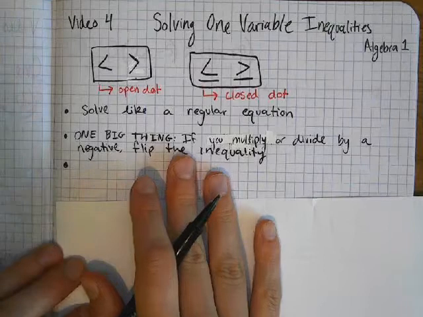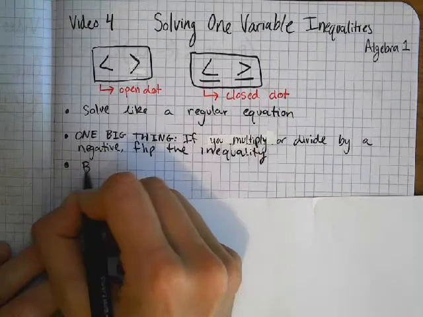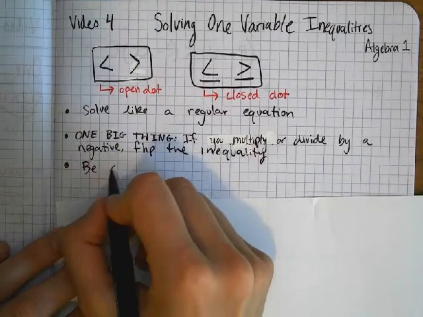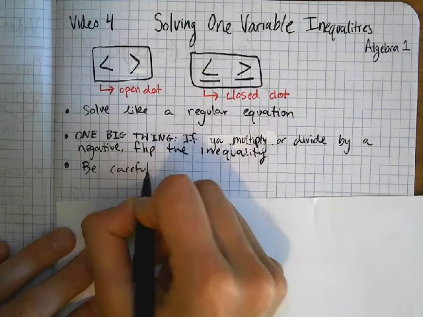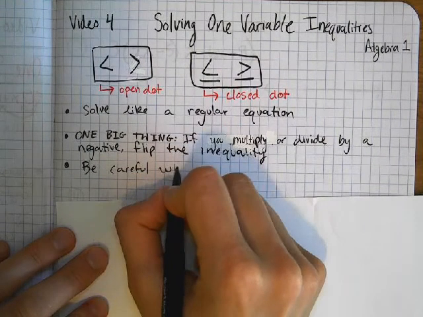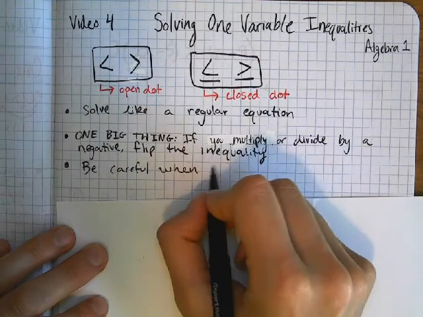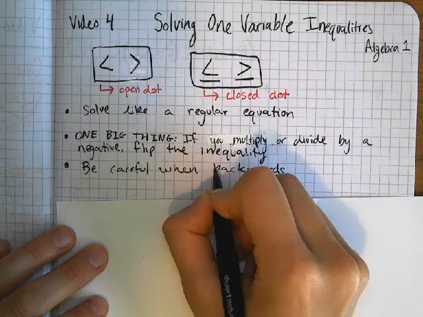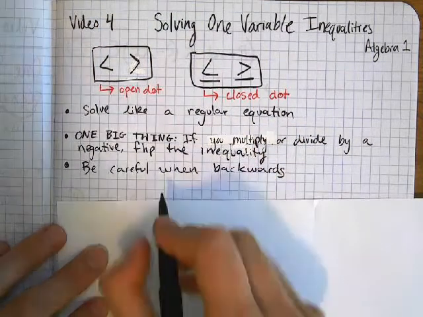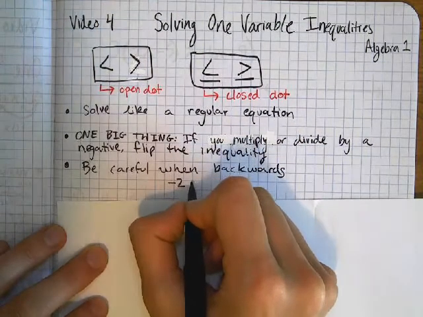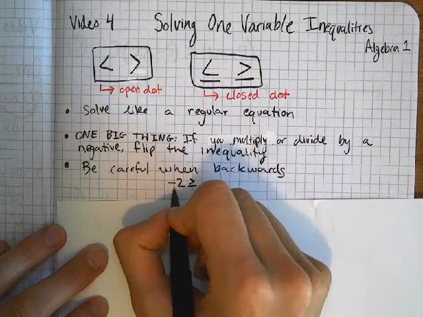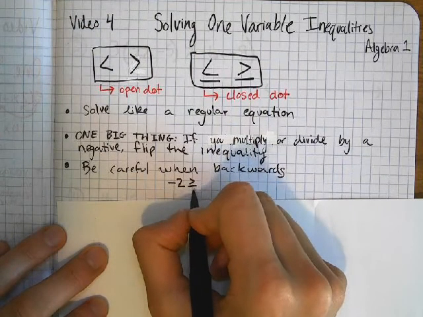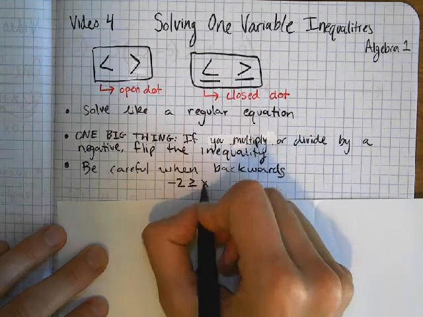Okay, and then one last thing is sometimes we have to be careful when things are written backwards. We're used to seeing it one way, and when we see it another way, we kind of forget. So sometimes you might see something that looks like this: -2 is greater than or equal to x.